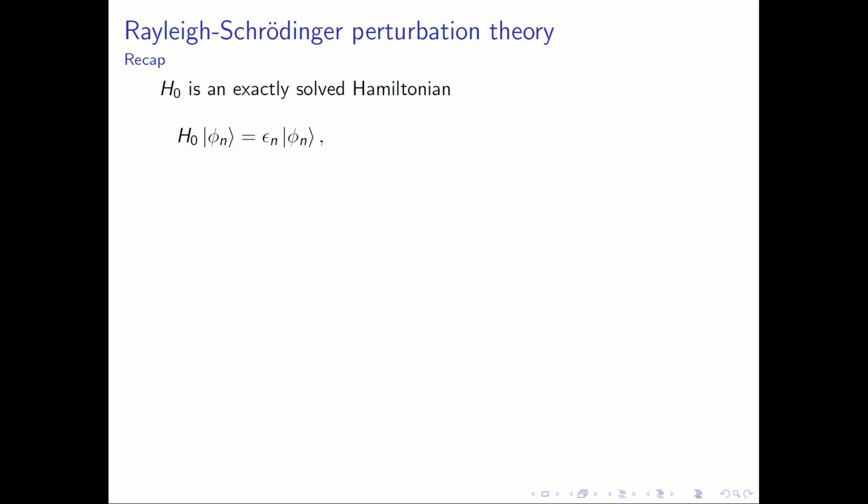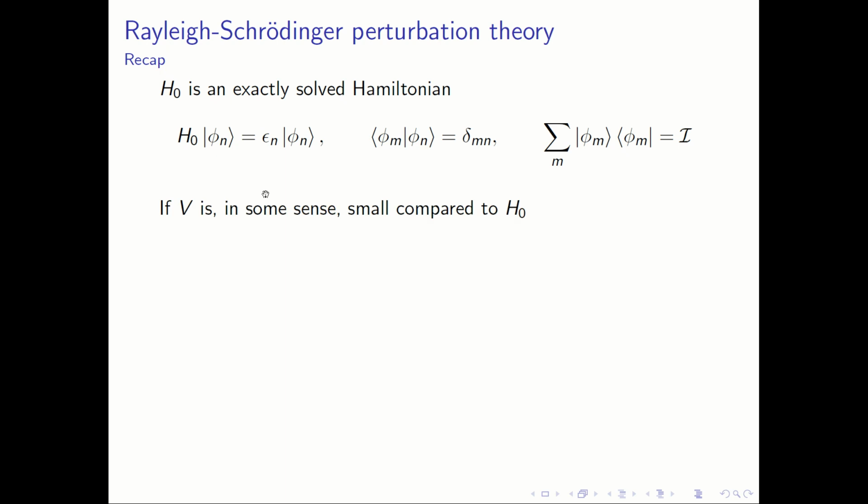We also assume that these eigenkets are orthonormalized, that is, the inner product with each other is 0, or 1 if you are taking it with itself, and they form a complete set, which means that this particular sum of outer products, which are basically projection operators to individual eigenspaces, adds up to the identity. That essentially means that any vector in your space can be written down as a linear combination of these eigenkets. So, that is all about H0.